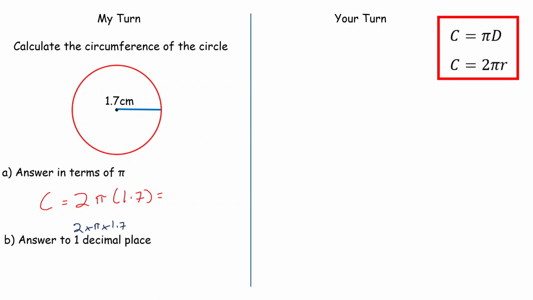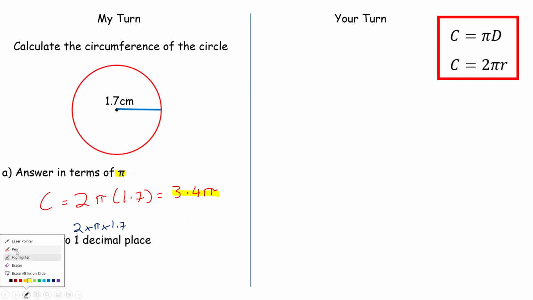So do 2 times 1.7. Double 1.7 is going to give you 3.4. So 3.4 times pi, which you can just write as 3.4 and then pi. And that's your answer, because you've given your answer in terms of pi. Okay, so that is your answer.